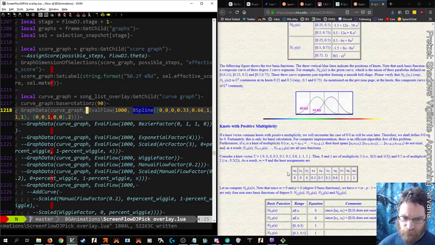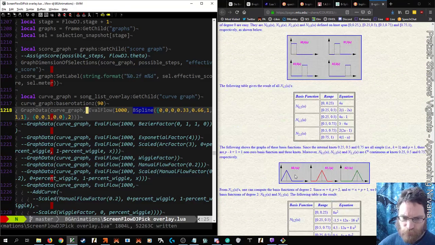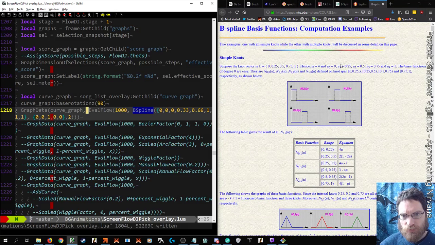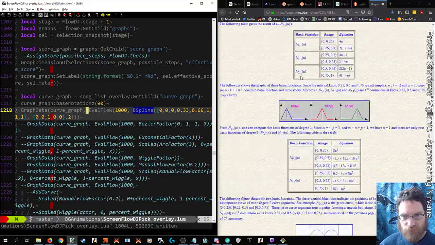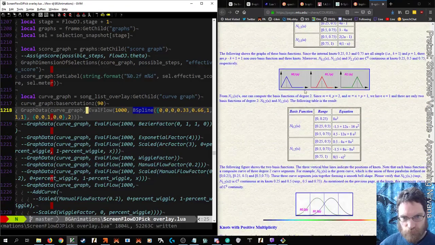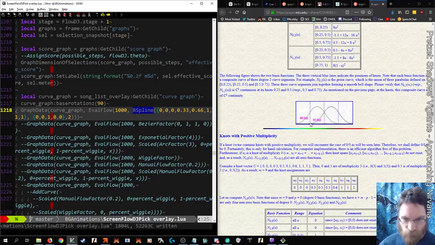Degree 2. This must be degree 1. So these are only the basis functions. It doesn't tell us how many control points we need. Well, no. Right, from those 4 points, we've gone from 4 to 3 to 2. Well, there might be some other endpoint functions here. Maybe he's erased those.